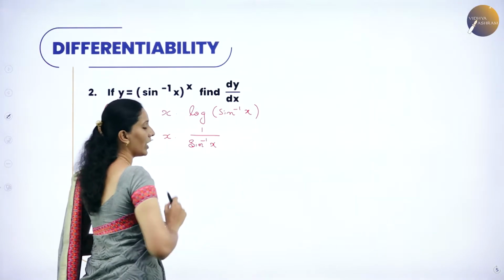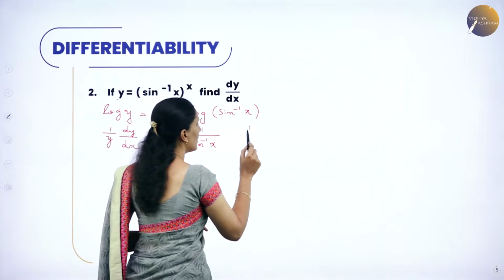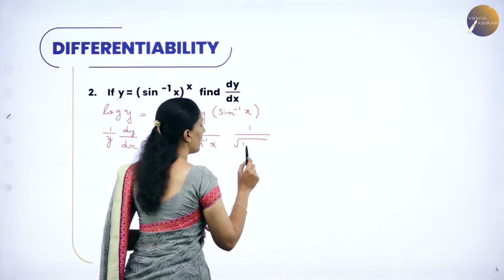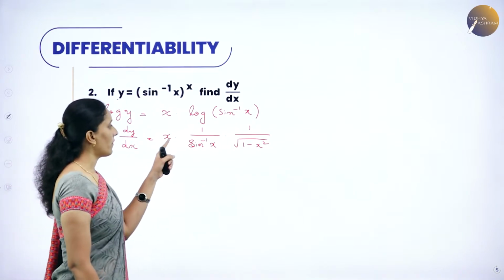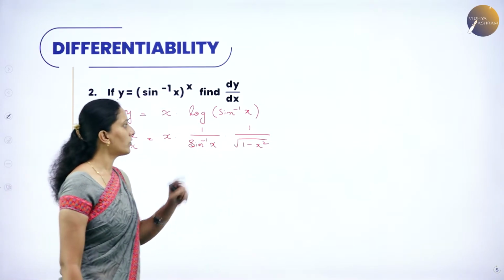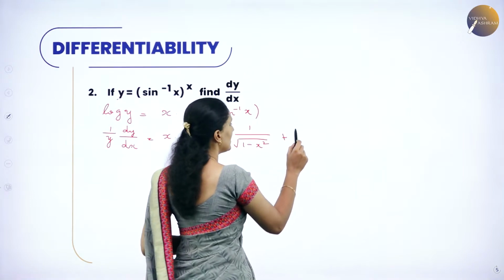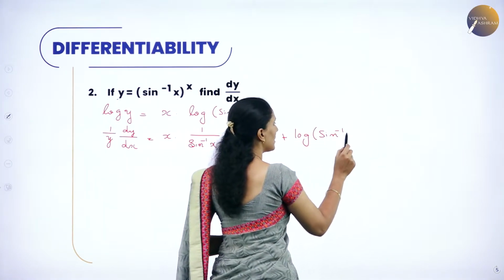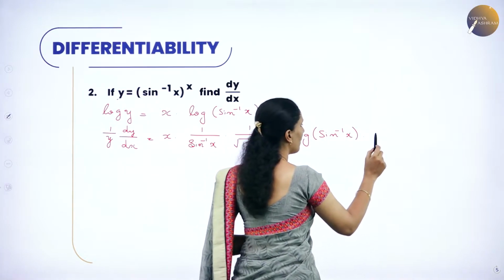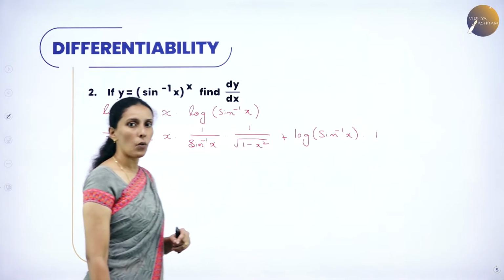Again when you differentiate sine inverse x, it is 1 over root of 1 minus x square. Now it is done. So first function into derivative of the second plus second function, that is log of sine inverse x, into derivative of the first, which is 1.